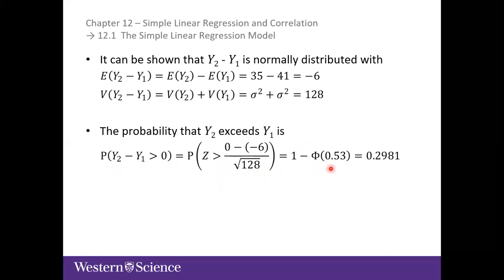Again, this is an exceedance probability, so 1 minus the CDF value of the calculated z value, which is about 30%. So y2 is likely to be greater than y1 with about 30%.